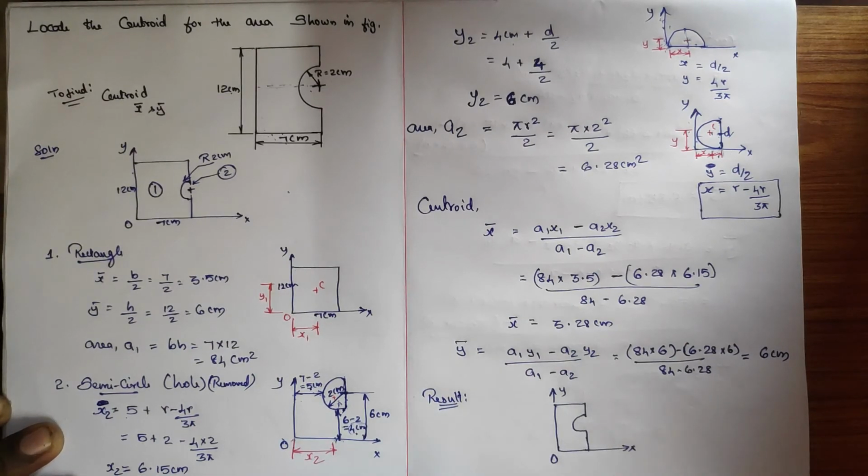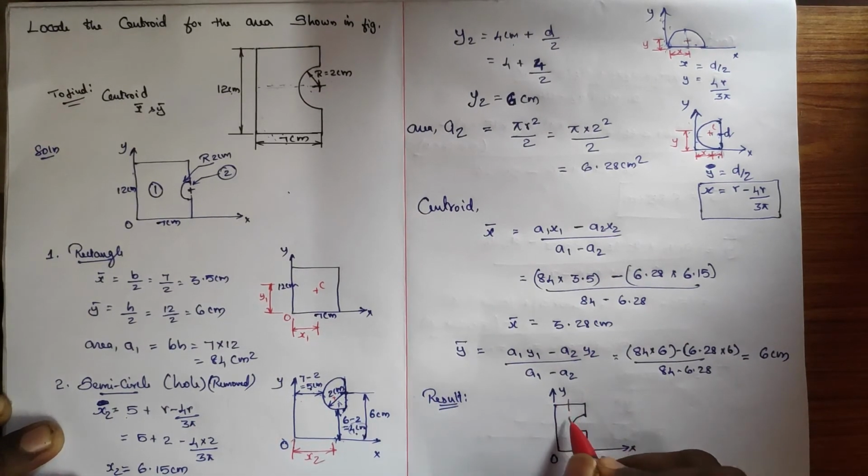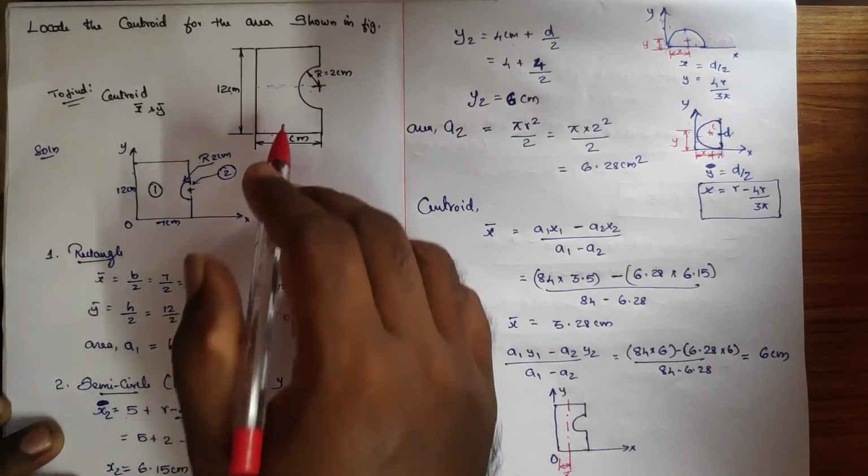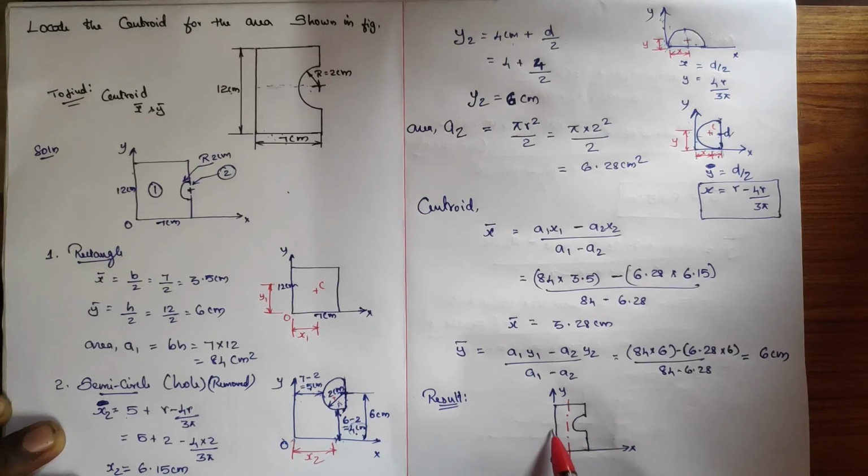So in between it, I am going to mark the x measurement, x bar. Then y bar, which is 6 centimeter. The entire length is 12. At the right center of the object, I am going to plot the y bar.